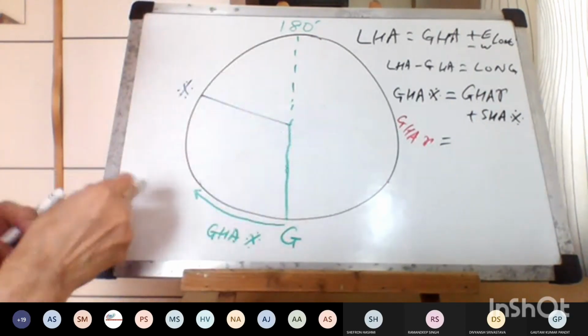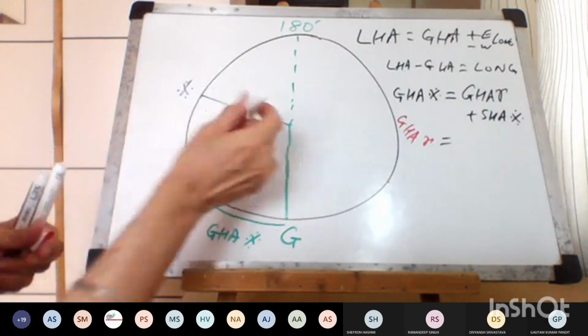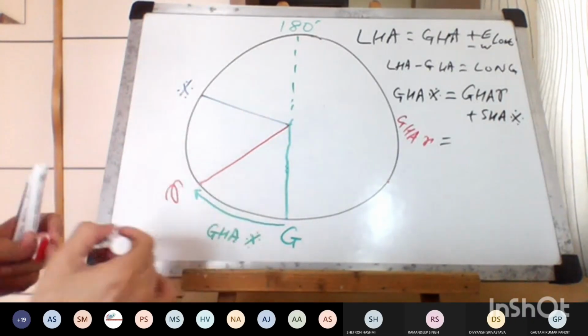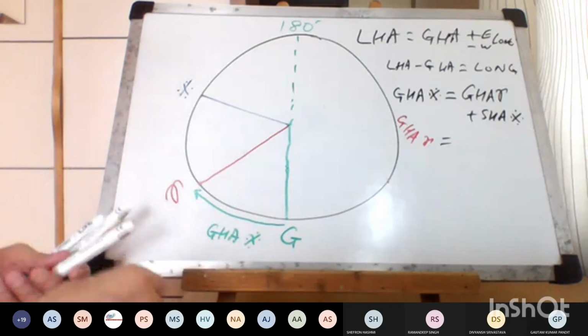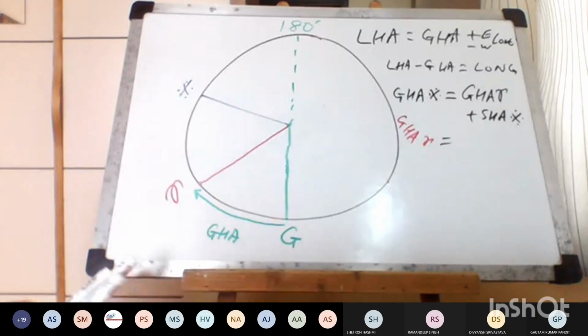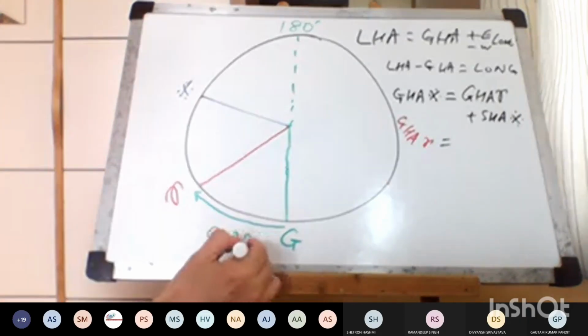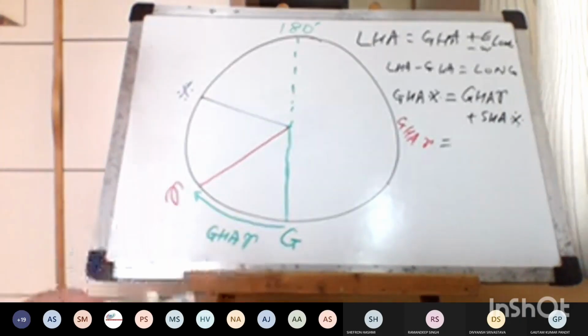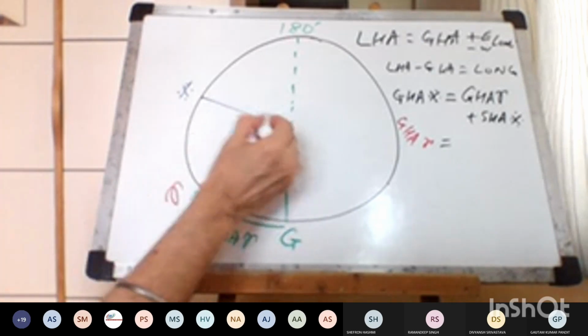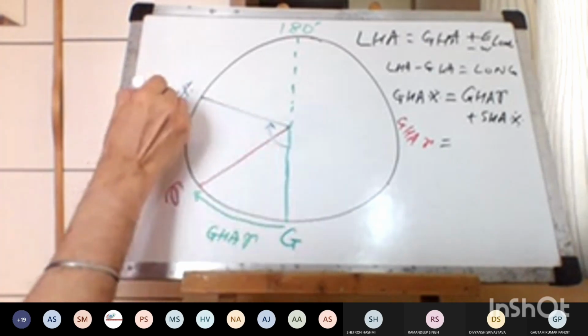Star, and we will make Aries over here. So this becomes GHA Aries. This becomes GHA star.